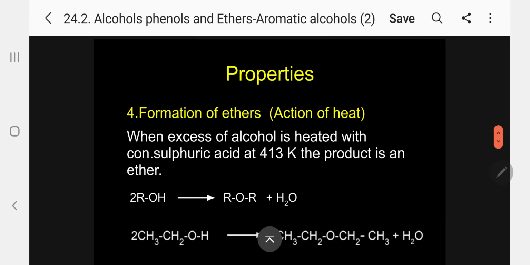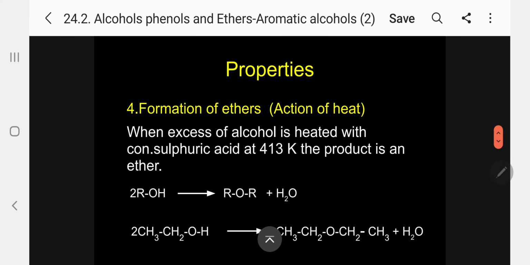The next, fourth method. We have seen formation of alkane, formation of alkenes, formation of halides. Now we will go for the formation of ether. Since we are discussing alcohol, we are not discussing that. So the action of heat, please follow.